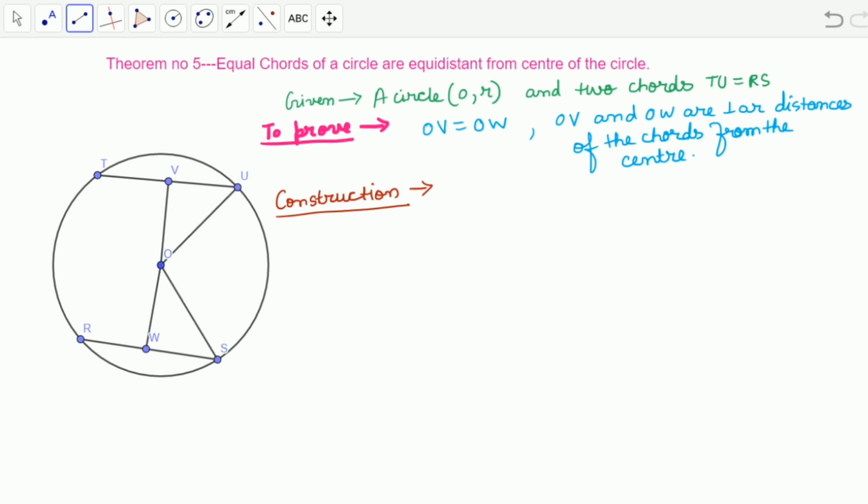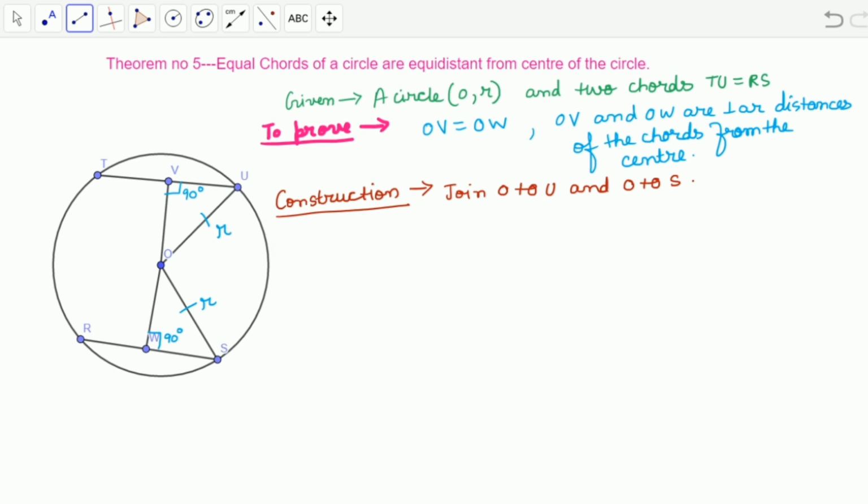That is, we need to join O to U and O to S, right? We have joined these. Now firstly, to remind, this is 90 degrees, also this angle is 90 degrees. This is the radius, this is the radius. This is 90, and let's see what we can do.